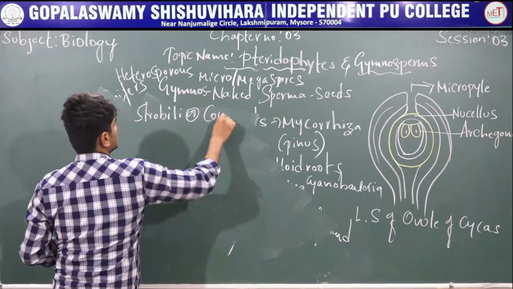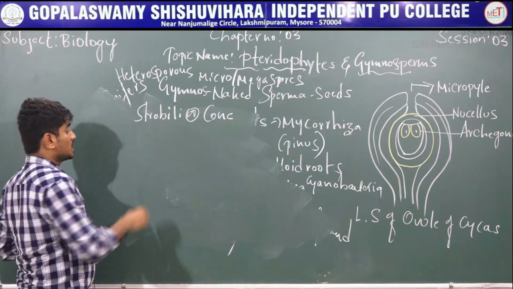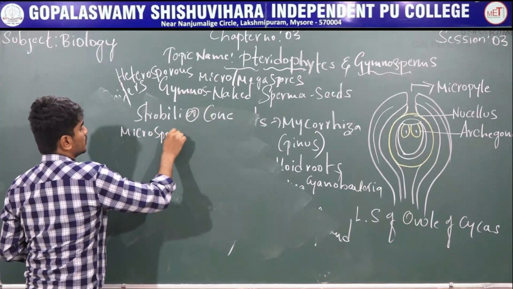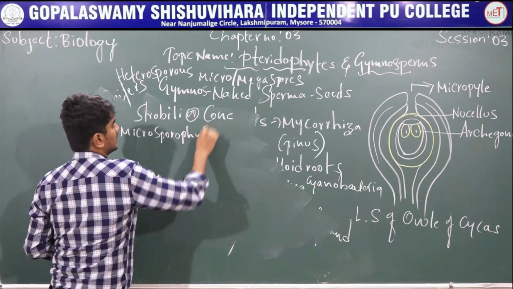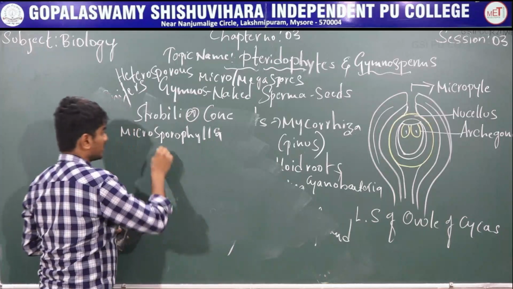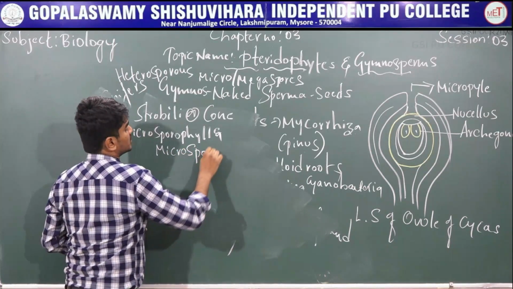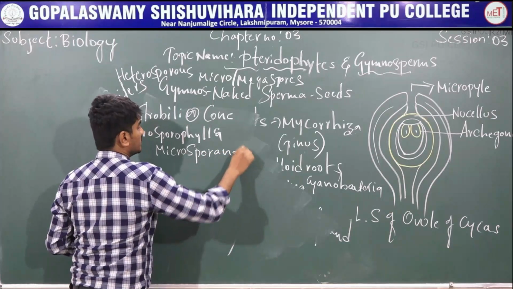Yes, if the cone bears microsporophyll and microsporangia, it's also called microsporangium or microsporangia.